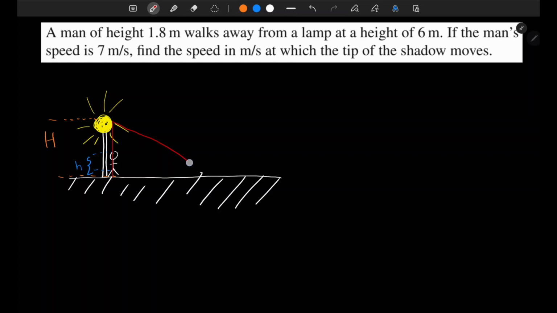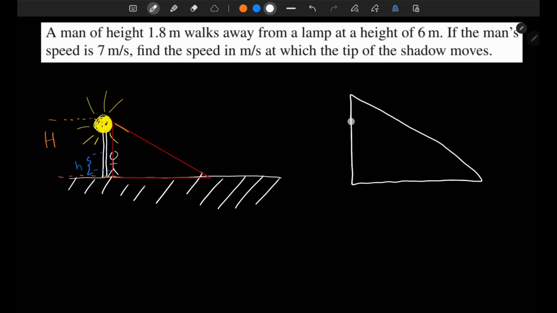Then we go down to here and across. Okay, so this is our triangle that we care about. I'm going to draw it over here as well. That way we can actually see, unencumbered by the actual drawing of what's going on physically, but I'll keep the drawing on here as well.